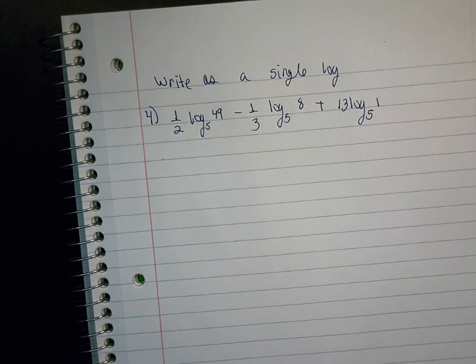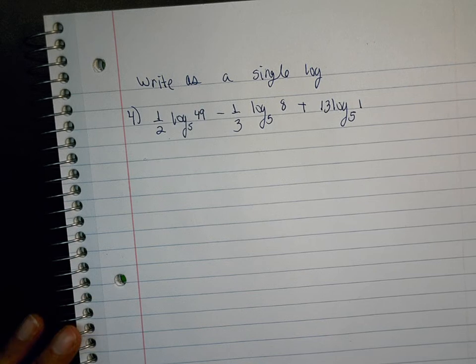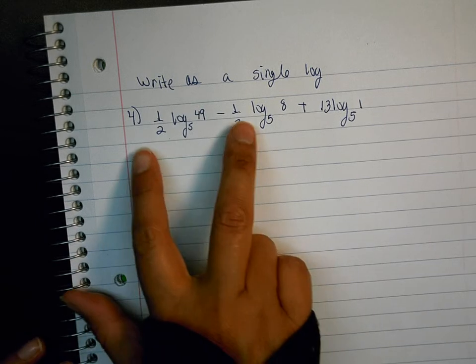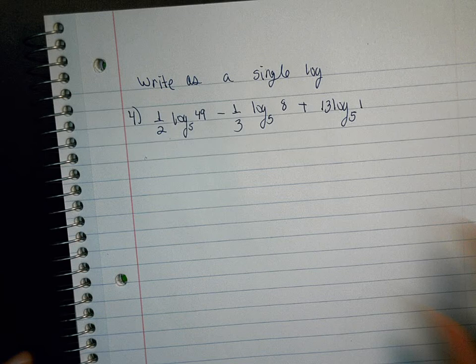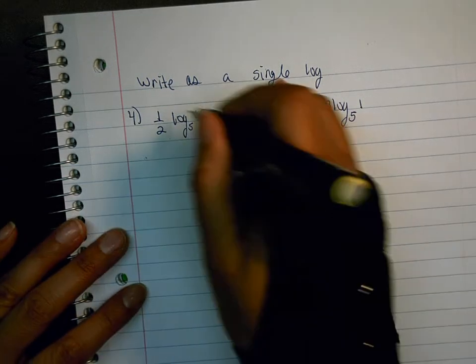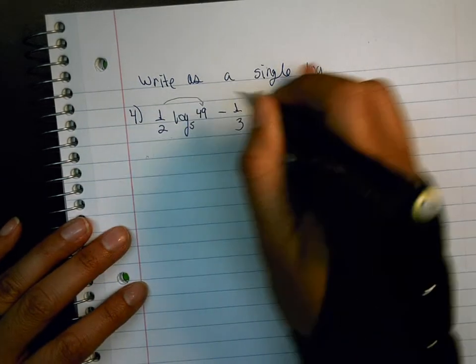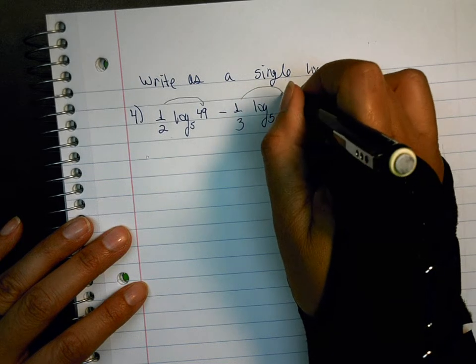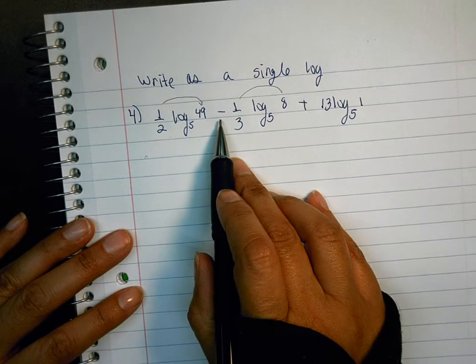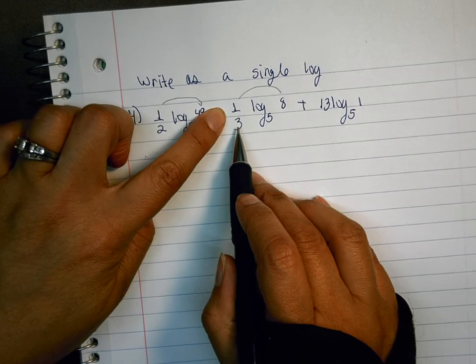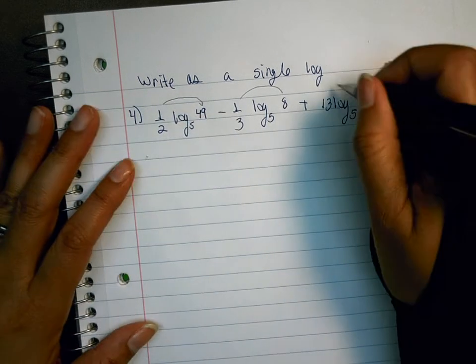Okay. Now, what I'm going to do here, first thing you always do is bring your coefficients up. The 1/2, bring it up as an exponent, so it's 49 to the 1/2. Bring this up as 8 to the 1/3. Don't bring up the negative sign. That negative sign, leave it there. Just bring up the 1/3. Here, bring up the 13.